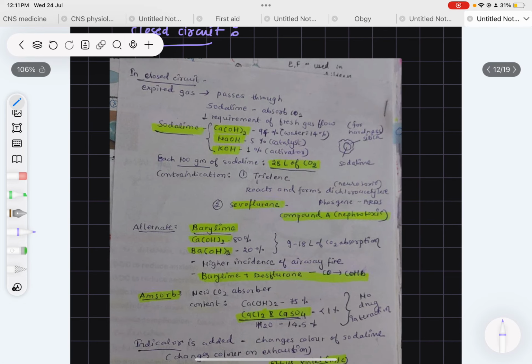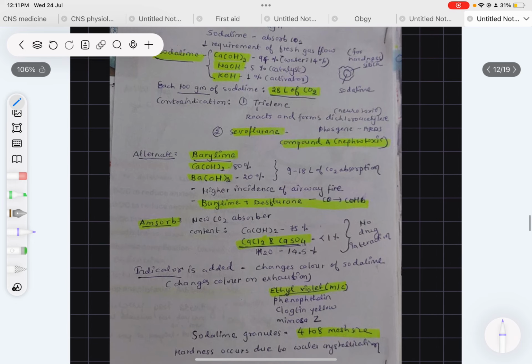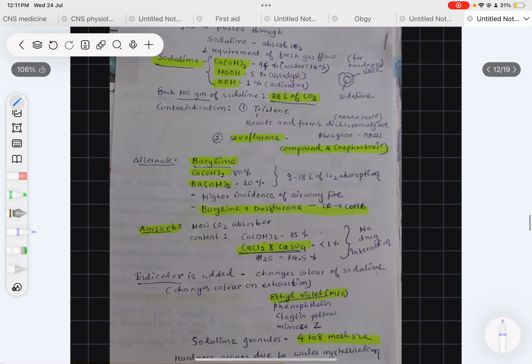Now let's learn about the closed circuit. What will happen is that expired gas will pass through the soda lime and it will absorb the carbon dioxide. So the requirement of fresh gas flow will be decreased, and the component of soda lime is important.